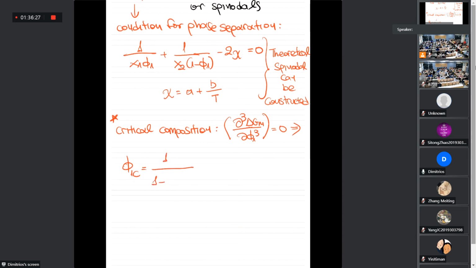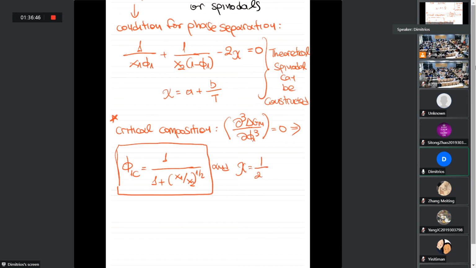1 over... and also we can calculate the Flory-Huggins interaction parameter given by, this is very badly written, delta1 to the 1/2, delta2 to the 1/2, that's squared.